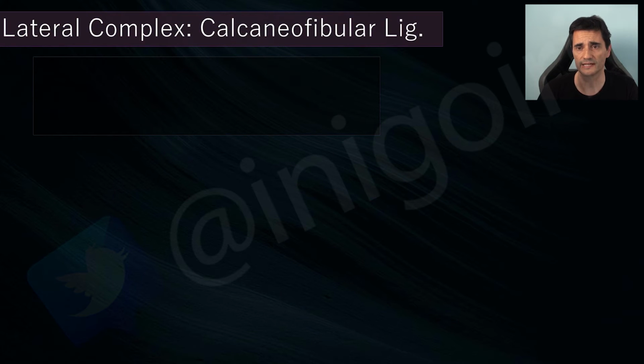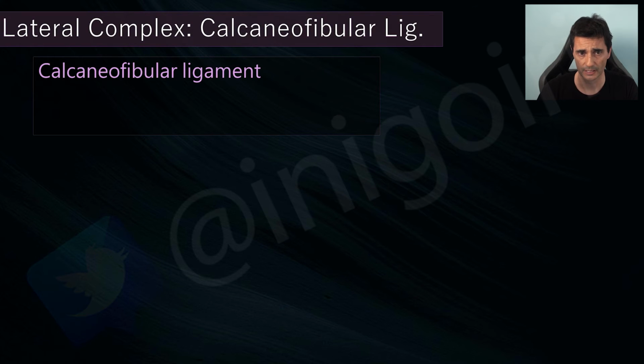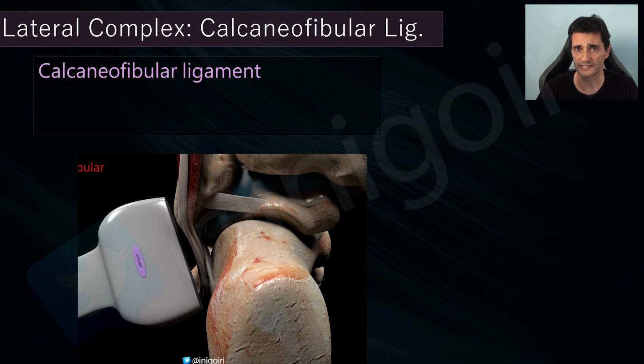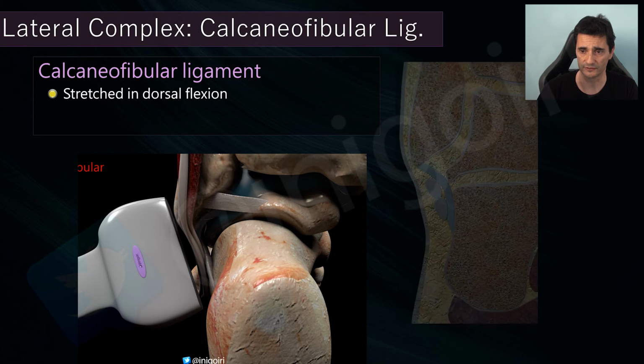We're going to check now the calcaneofibular ligament. We're going to remember its anatomy because it's very, very important, and I recommend you check the video of the anatomy of the ankle ligaments. Remember that this ligament is stretched in dorsiflexion.